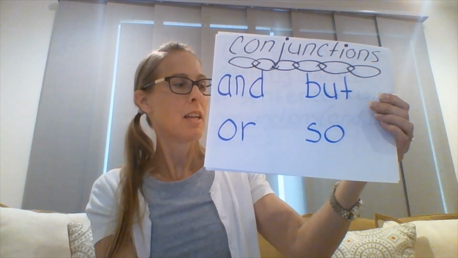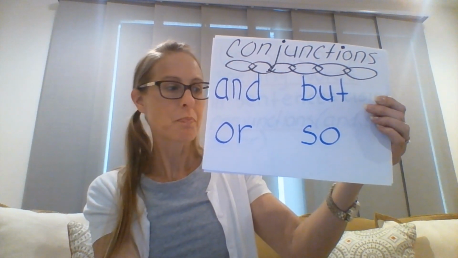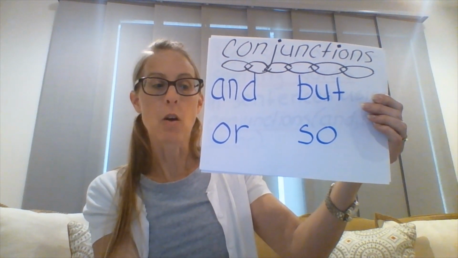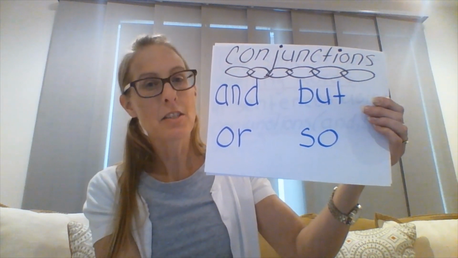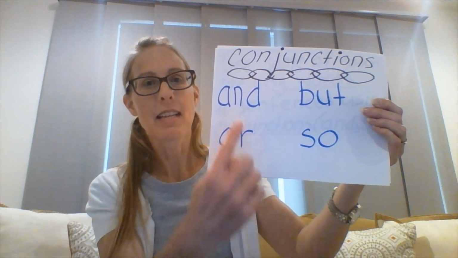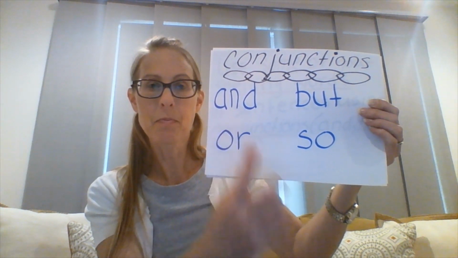Ready? My family can do PE inside the house. My family can go for a walk outside. My family can do PE inside the house, and my family can go for a walk outside.